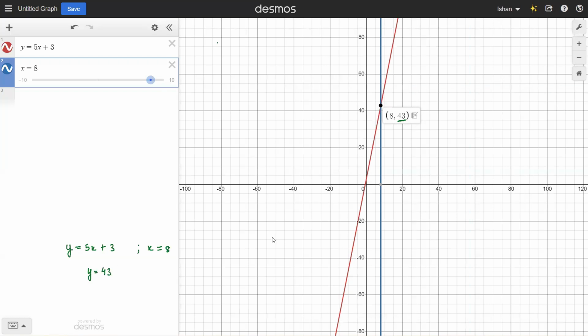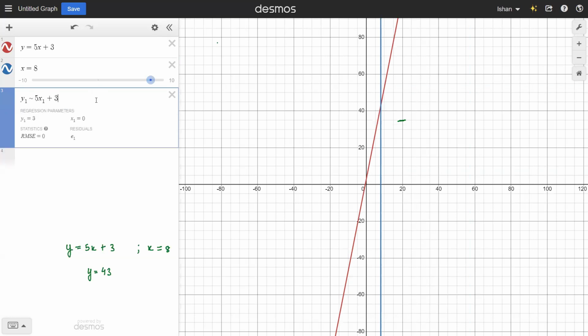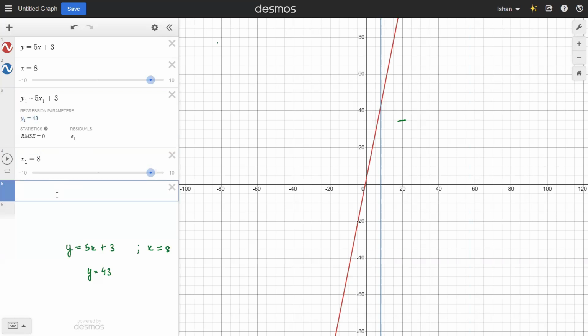The regression way of solving is just I need to convert the variables. What I will write, y1 regression 5x1 plus 3. I just need to write x1 equals 8. So you'll see when I write x1 equals 8, the y1 value is 43. Third way of solving is I just use the with operator.